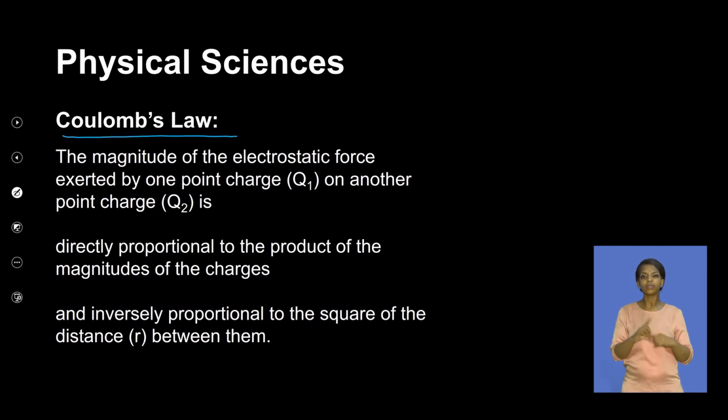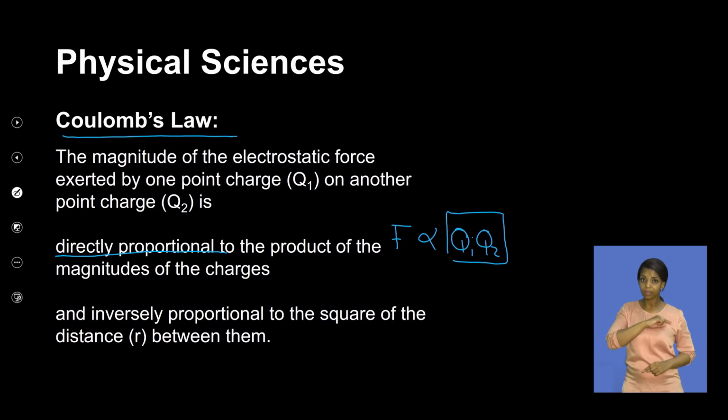The magnitude of the electrostatic force exerted by one point charge Q1 on another is directly proportional to the product of the charges. So F, the electrostatic force, is directly proportional to Q1Q2. The product is the multiplication of the magnitudes of the two charges involved, while it is inversely proportional to the square of the distance.